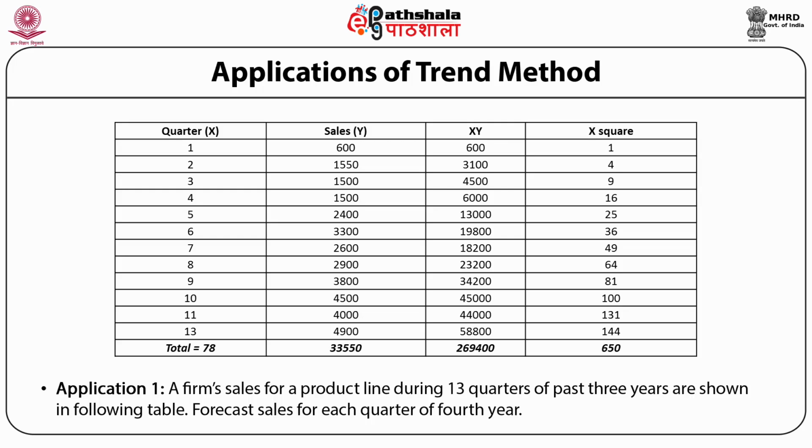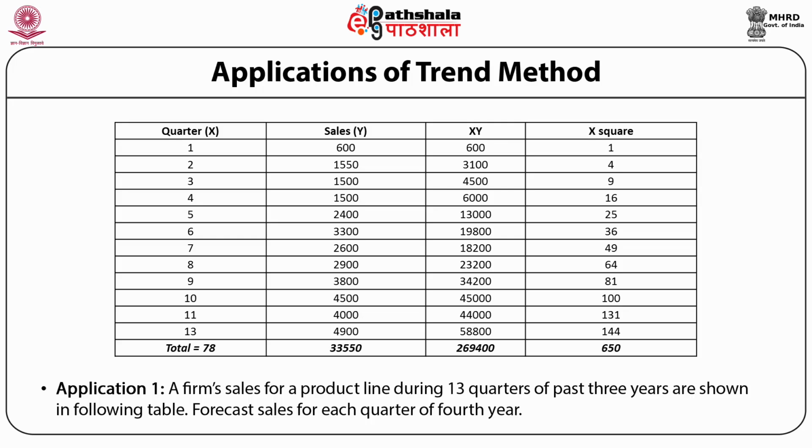The first step is to have a multiplication of x and y, which is given in the third column of the table. For instance, for the first quarter, that is 1, and the sales 600, the multiplication of 1 and 600 will give us 600. For the second quarter, that is time period 2, and sales 1550, the multiplication will give us 3100.